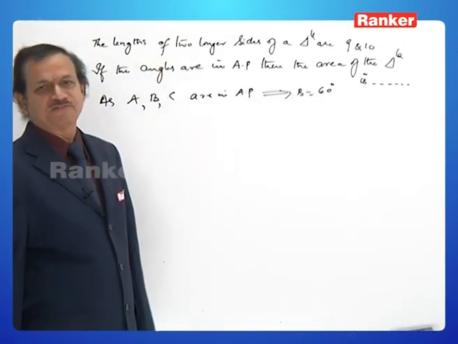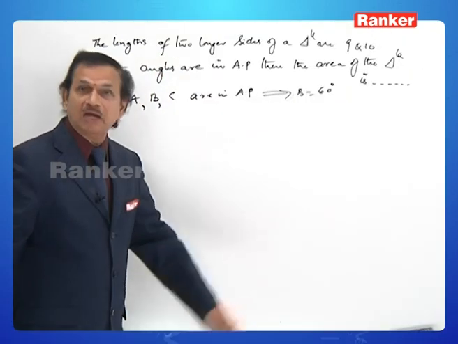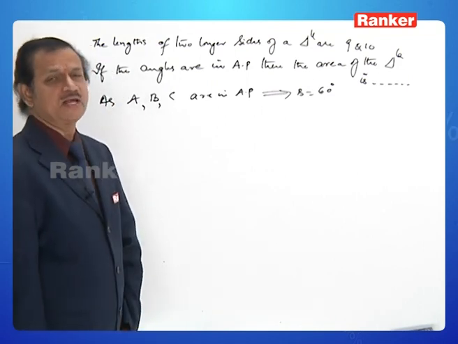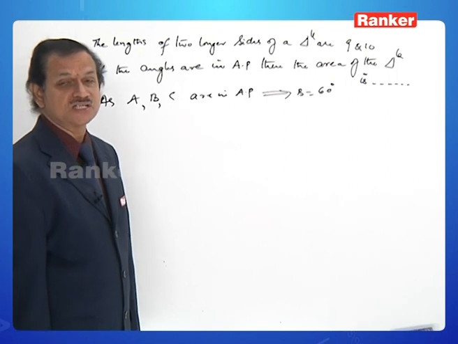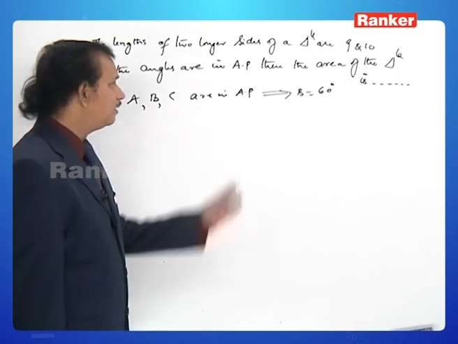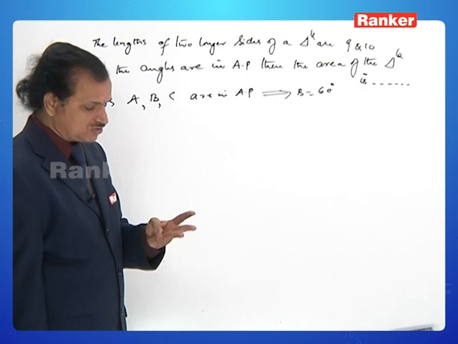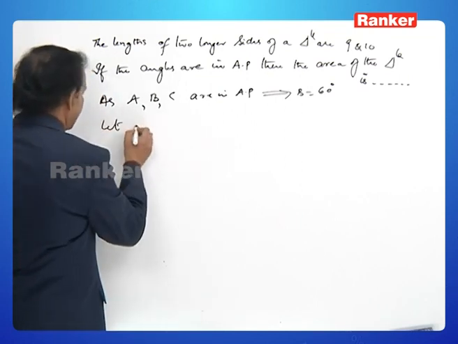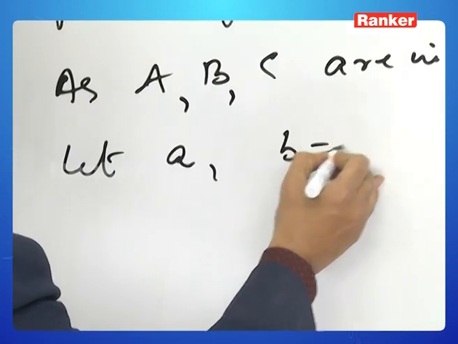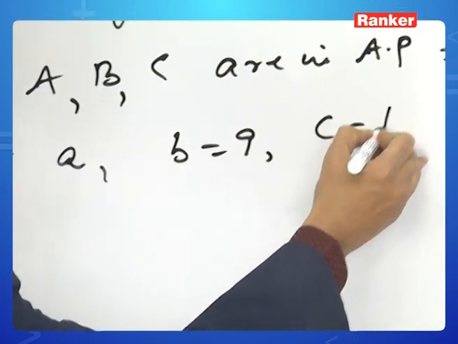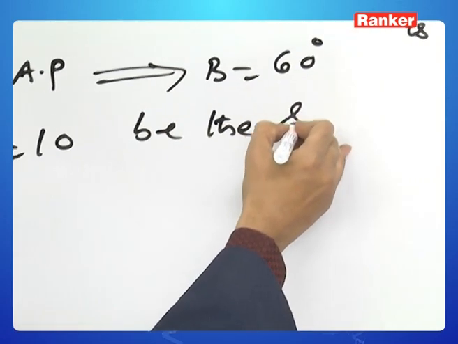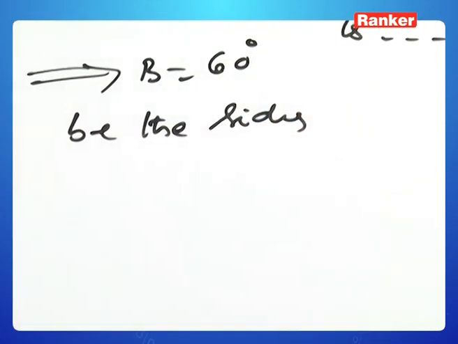Let us use that angle again to get the area also. In terms of capital B, can you tell me the area of a triangle? Half CA sine B. You must be able to have C and A. Okay, let b is equal to 9, c is equal to 10 be the sides.